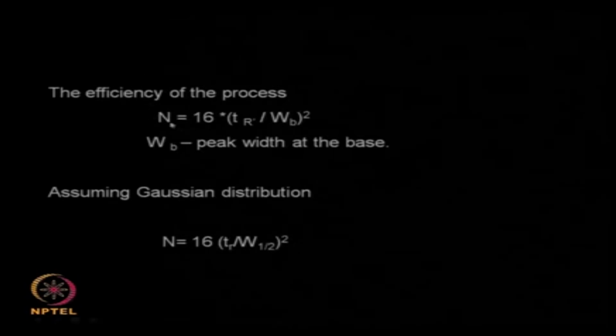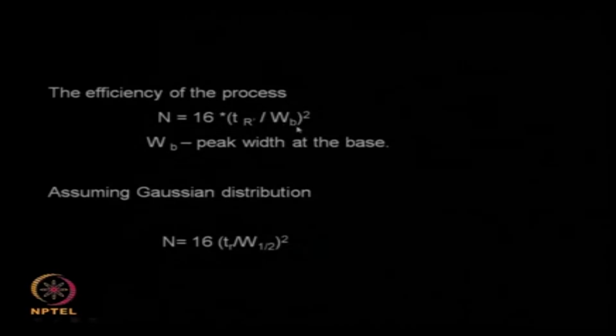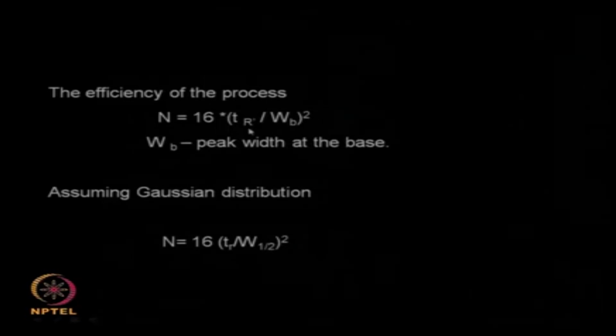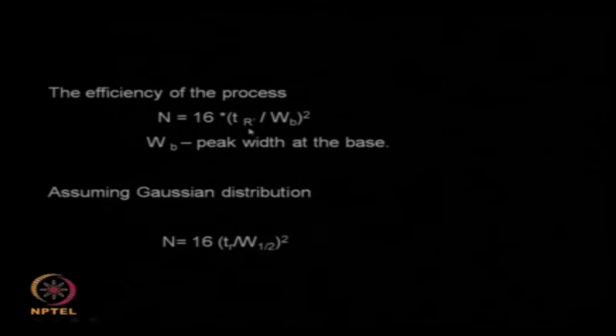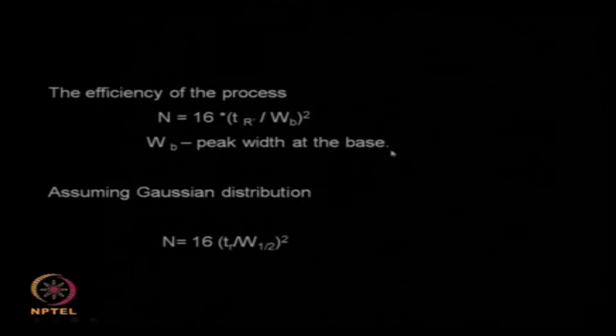There is a term called the number of theoretical plates, N. N is given by this particular equation: N = 16 (TR dash/WB)², where TR dash is your corrected retention time and WB is the peak width at the base. If I know the peak width, I substitute here. If I know the corrected retention time, I substitute here and I get the number of theoretical plates.